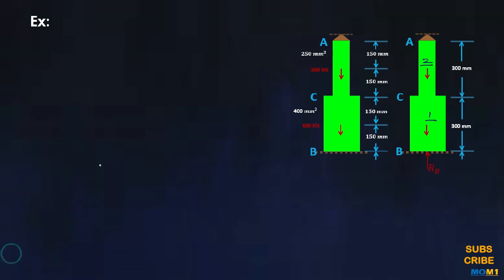Now solving for del R, again using the same expression, sigma i = 1 to 2, Pi Li upon Ai Ei. E is going to be the same for all the cases.